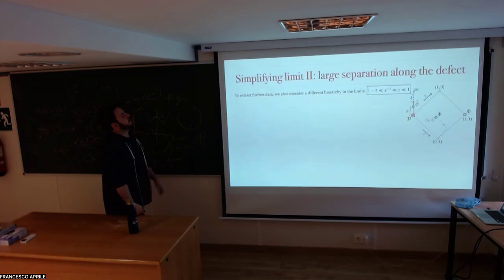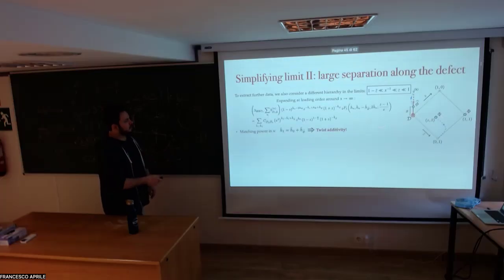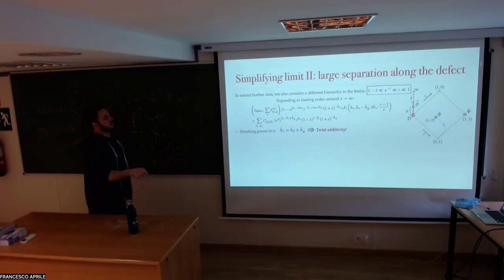So, the other simplifying limit that we consider is just a different hierarchy in the limits. So instead of taking first the defect-light limit at leading order, we take this large separation limit at leading order, or 1 over x that goes to 0, and then we take z to 0 at all the orders. And in this limit at leading order, the crossing equation simplifies even further.